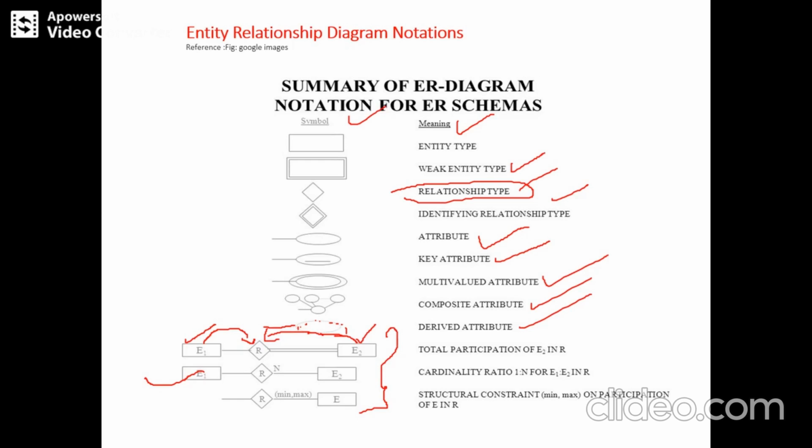This min-max representation is also called a structural constraint, where total participation and cardinality ratio together are represented using min-max labels. The entity type participating in a relationship type is represented by a single line along with the min-max labels. These are the different notations we use for the entity relationship diagram.